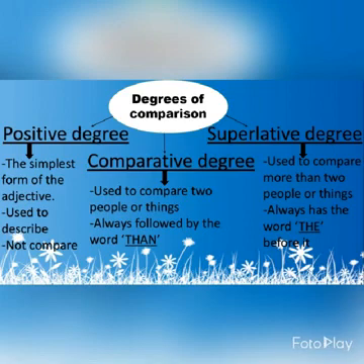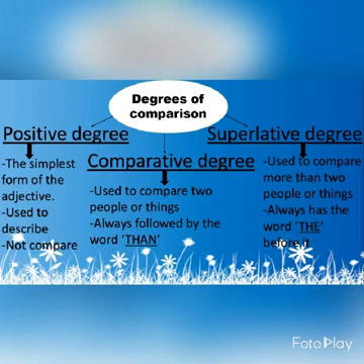And the last one is superlative degree. Superlative degree means when we are comparing more than 2 people or things. And in superlative degree, we always use the word the before the adjective. When the adjective is in superlative form, at that time we use the word the.